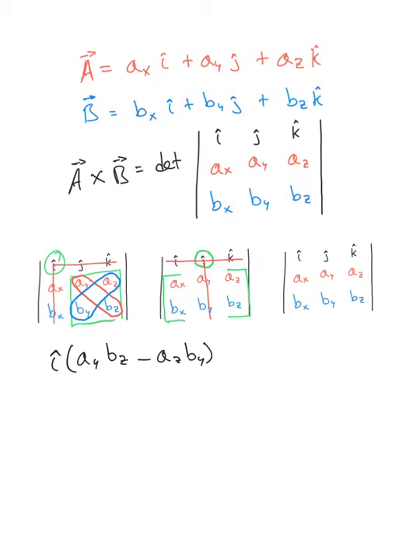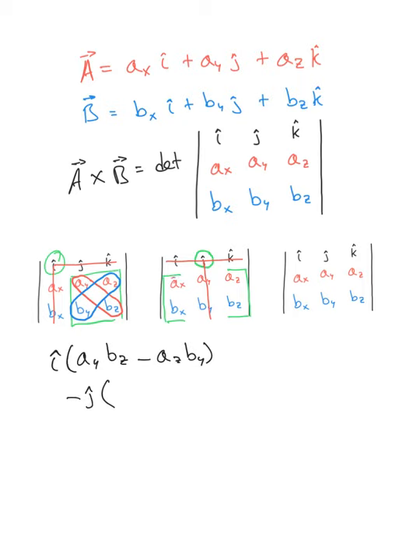Now, when you take determinants this way, the first component, the i hat, is positive. The middle component is going to be negative. So we're going to subtract the j hat. So we're going to say minus j hat, and we're going to do exactly the same thing that we did for the i hat.